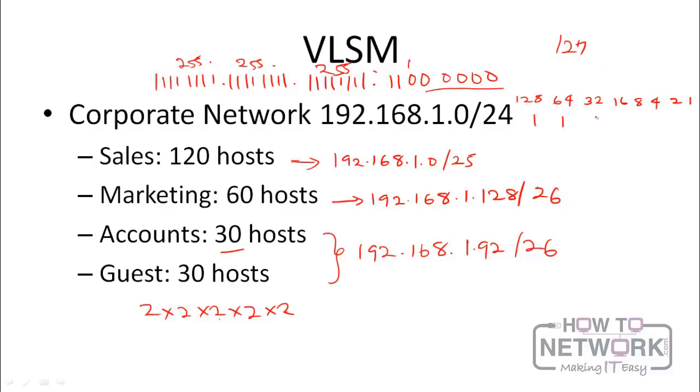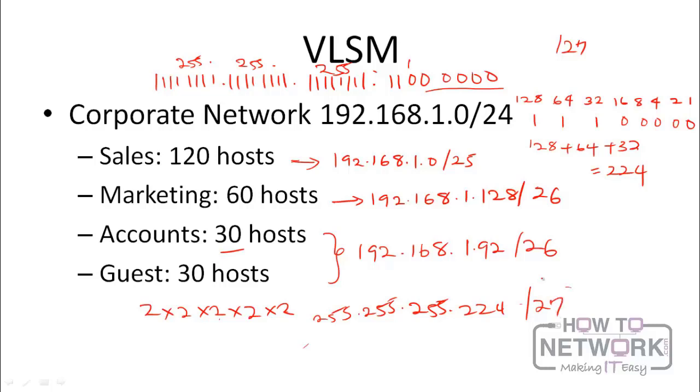And we have 1 1 1 0 0 0 0 0. So if we add that together, we're going to have 128 plus 64 plus 32, and that's equal to 224. So our subnet mask would be 255.255.255.224, or what we would just say is a /27.